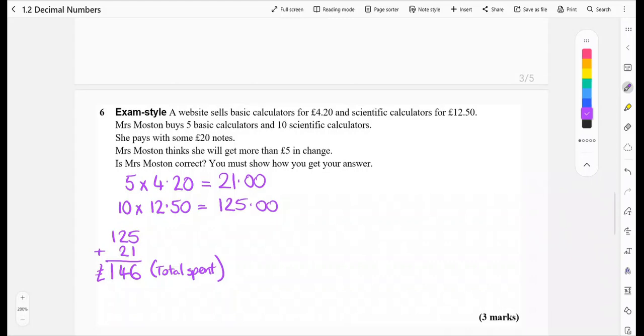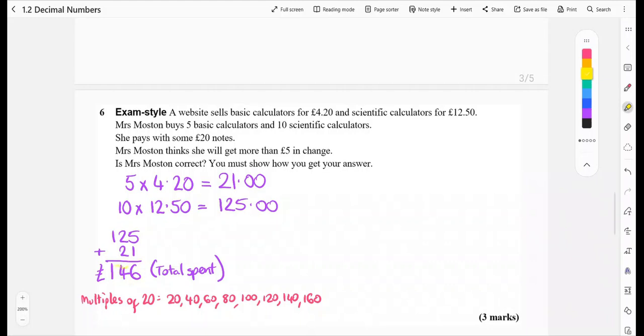So if we think of our multiples of 20, it's simply the 2 times table multiplied by 10. So I'd have 20, 40, 60, 80, 100, 120, 140, 160. And we can stop there.